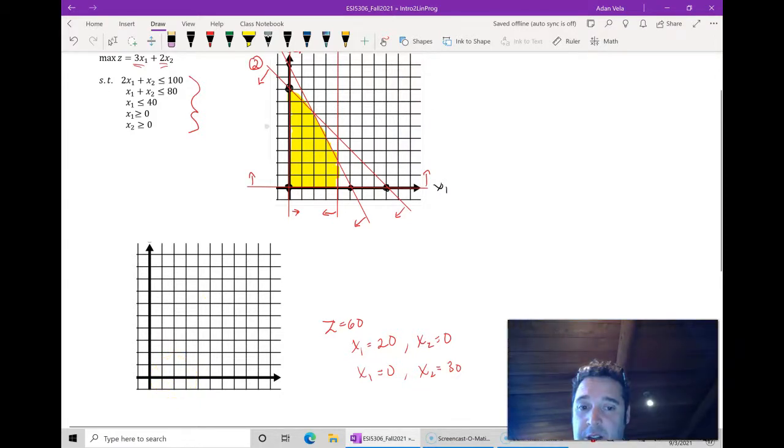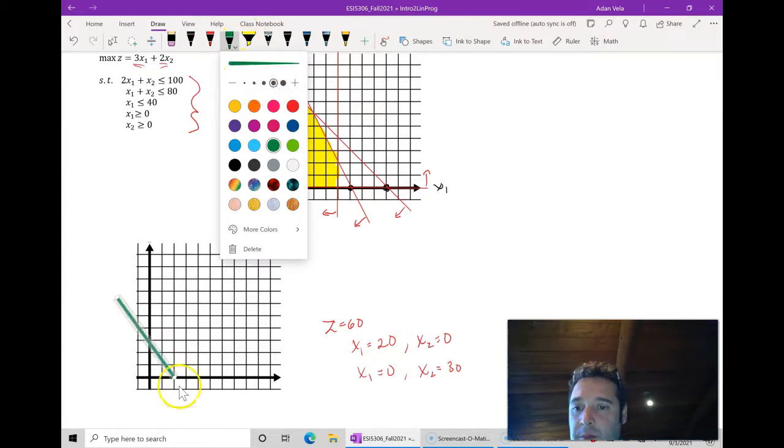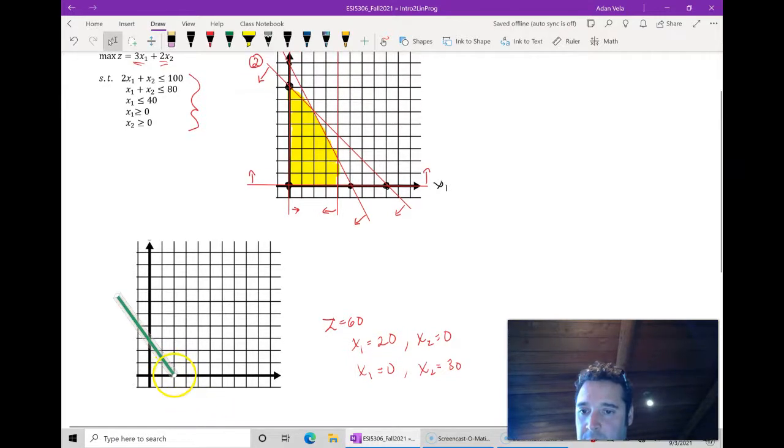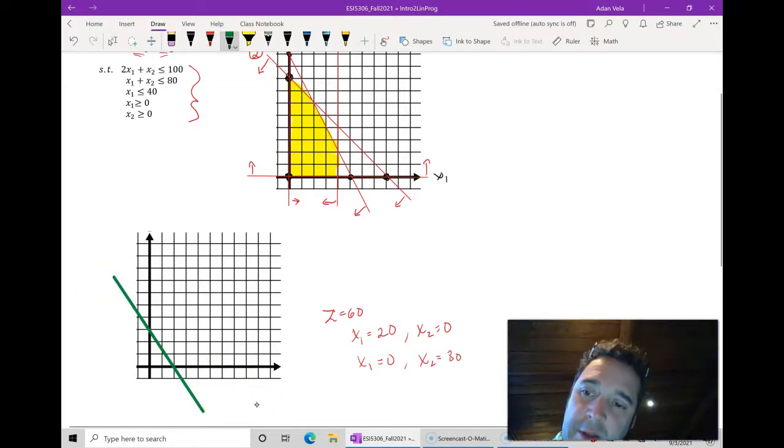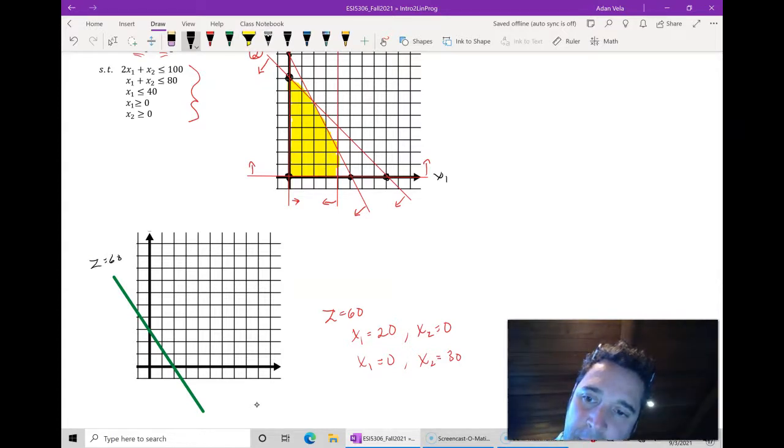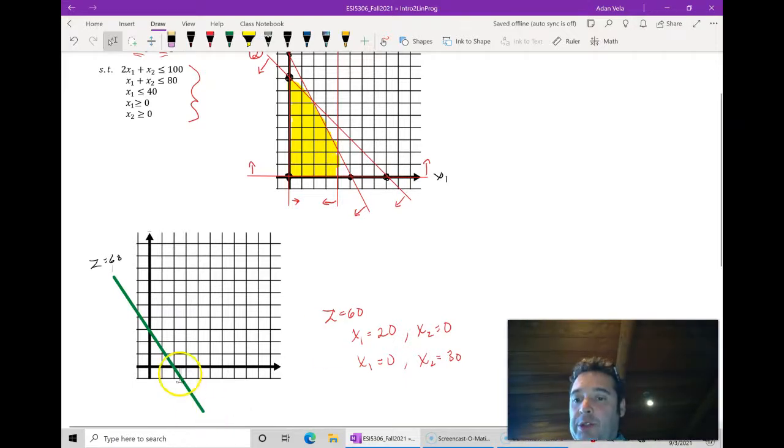So we're going to start at 20, and we're going to go up to 30. Okay. So here goes one isoline that corresponds to z equals 60. That means any x1, x2 solution that lies on this line has the same value for the objective function.